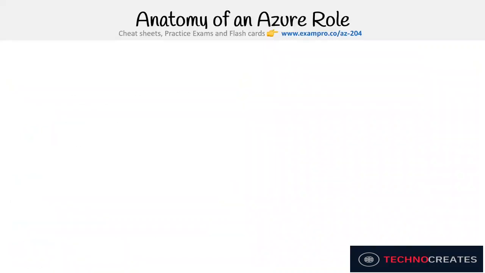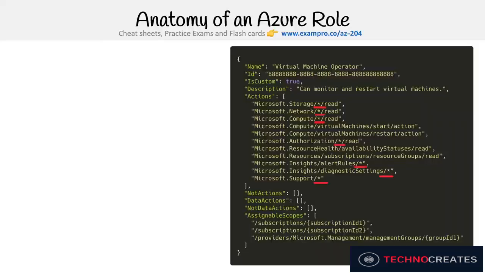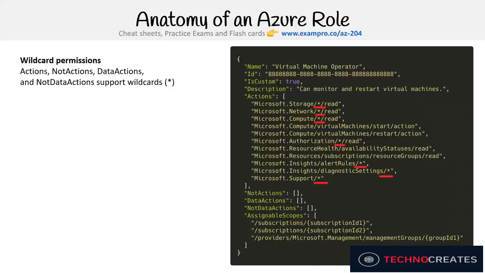I do want to point out one other thing with these roles, and it really just has to do with these asterisks. If you're not familiar with them, that usually indicates a wildcard permission. It's like saying match everything. You can use it in actions, not actions, data actions, and not data actions. Again, it just matches everything in that sub thing because you might have a bunch of options you can put there.